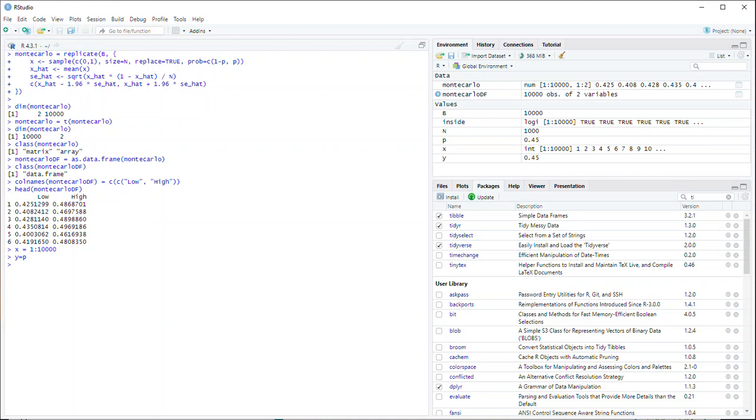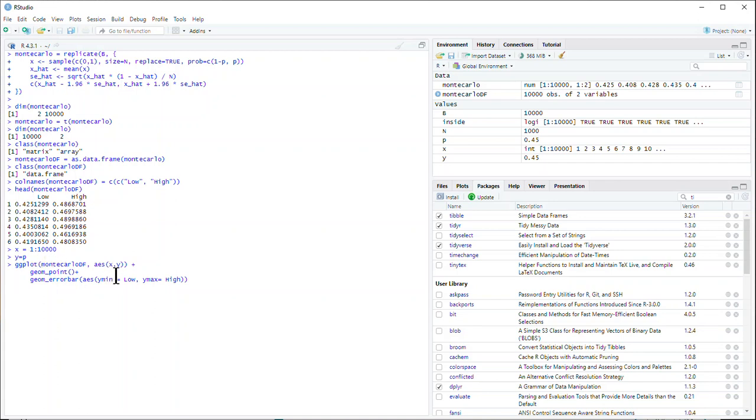The reason I'm going to do that is I want to make this using the ggplot command. So ggplot Monte Carlo, and then I use this aesthetics command of x and y. So now my x is 1, 2, 3, 4, all the way up to 10,000.